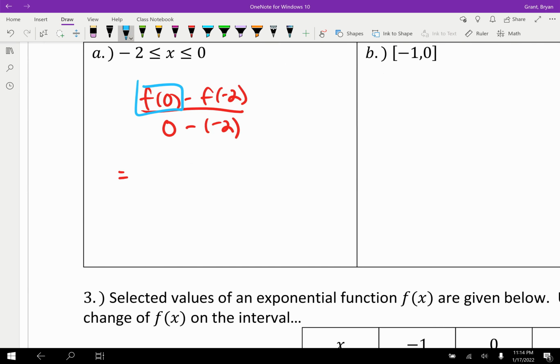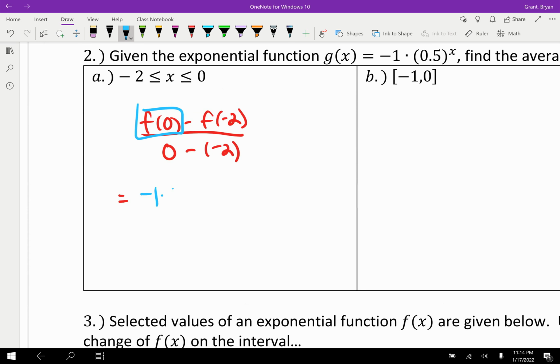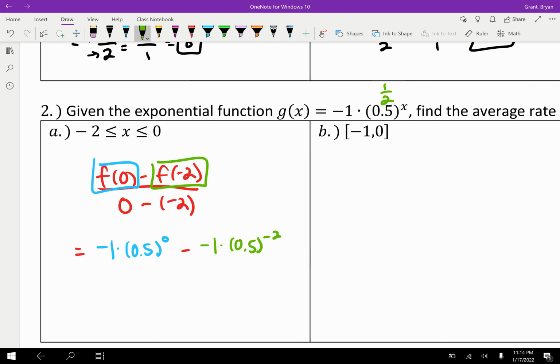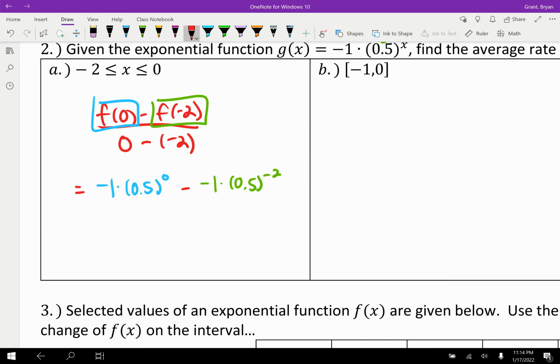So f of 0 will be negative 1 times 0.5 to the 0th minus, and then we have f of negative 2, which would be negative 1 times 0.5 to the negative second. Now, I happen to know 0.5 is 1/2, and so I'm going to do a little math in my head here. You could also have done this on your calculator, so don't stress it. 0 minus negative 2 becomes 0 plus 2.